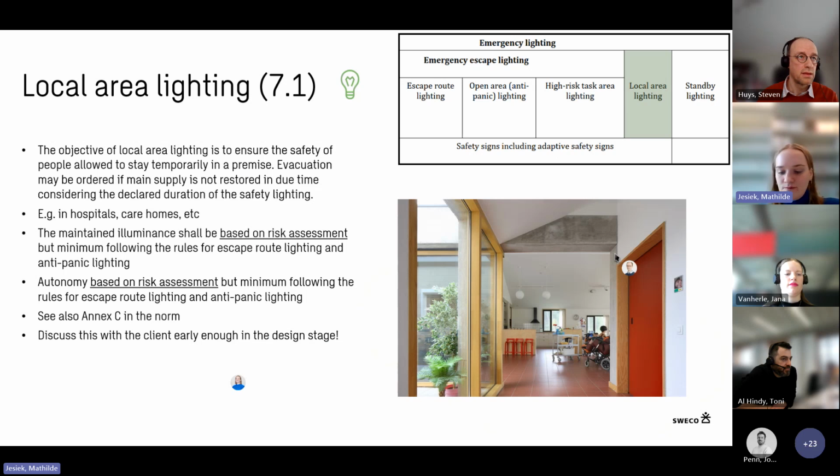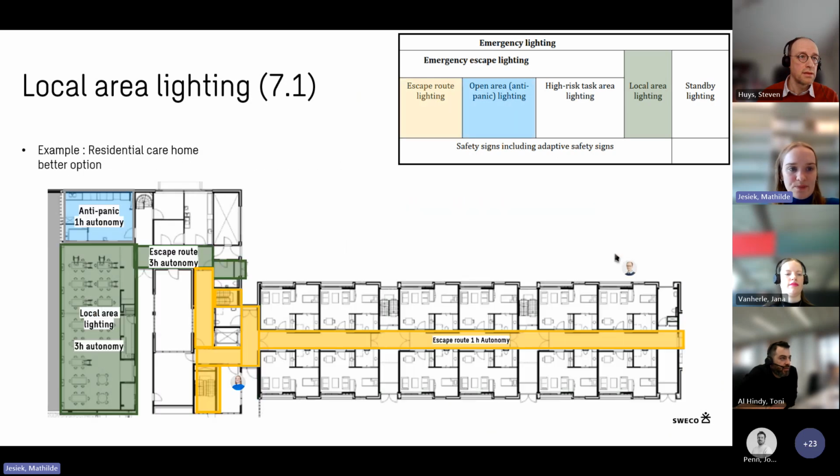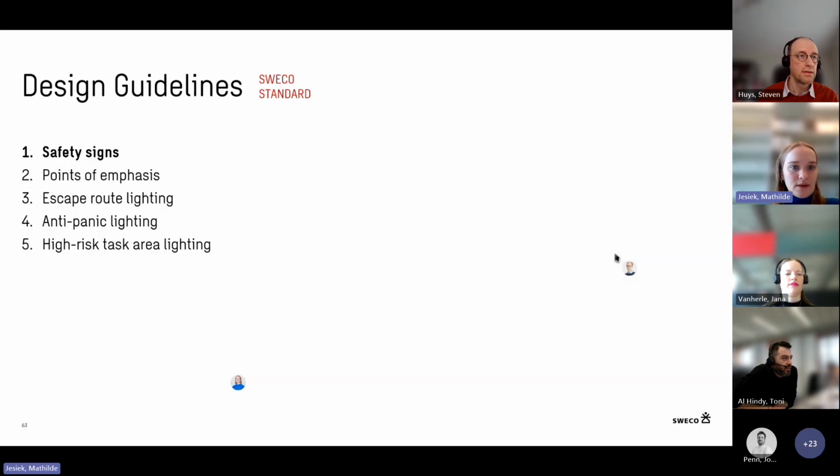Local area, maybe it's a bit less important right now. And then Steven, I will let you explain the design guidelines. Okay, thank you, Matilda. This part is a bit an extension of the SWICO standards, you could call it.